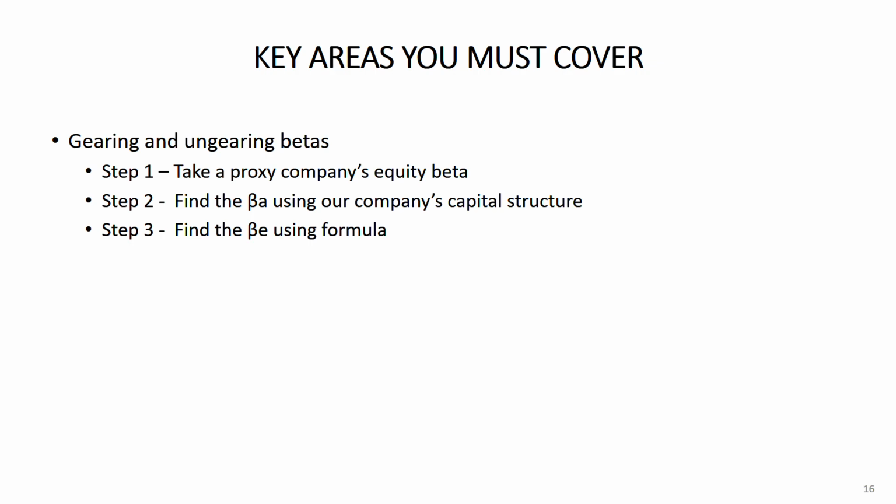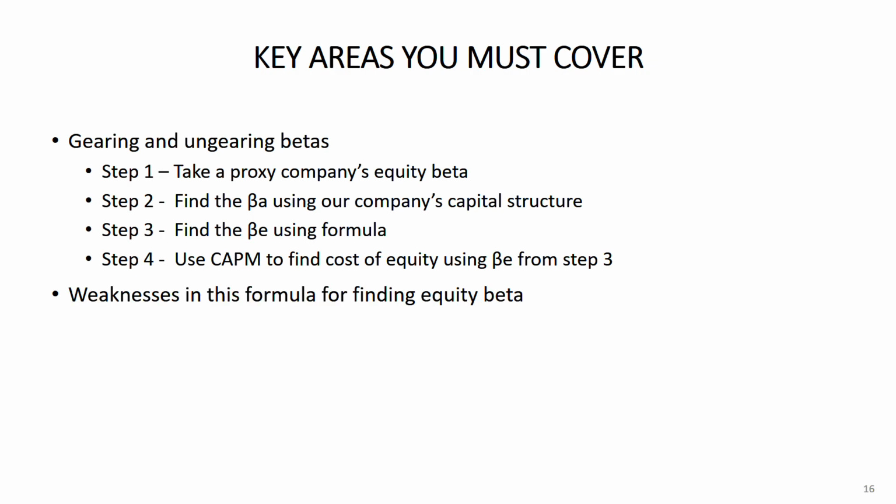Once you have found the equity beta, just use it in the CAPM and find the cost of equity. Then you can use that cost of equity in your WACC, along with the cost of debt, and find the WACC.